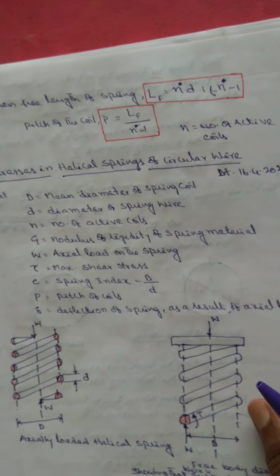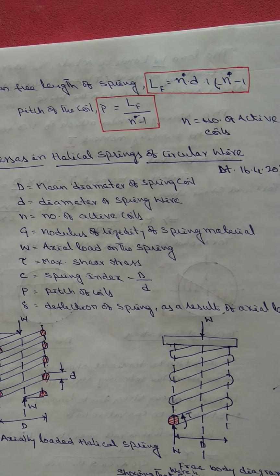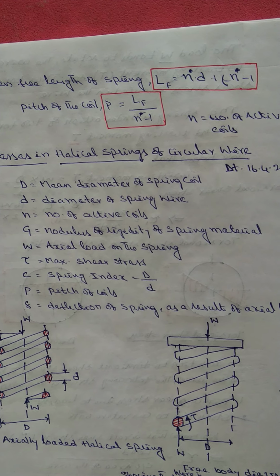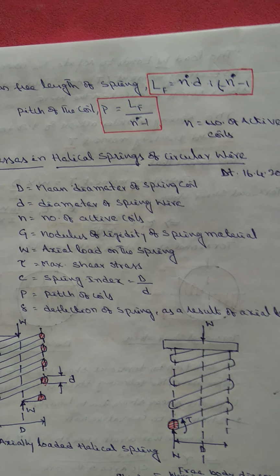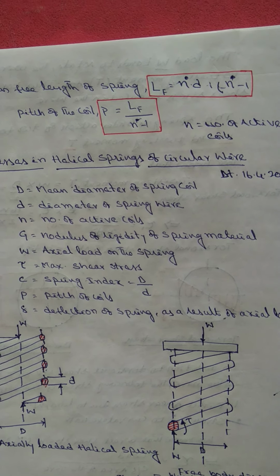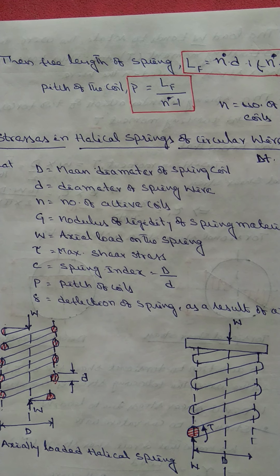Now the free length of the spring LF we rewrite as N into D into N minus 1. Then the equation becomes P is equal to LF by N minus 1, where N is the number of active coils. Now we will see stresses in helical springs of circular wire. Let us consider D is the mean diameter, as we know very well.